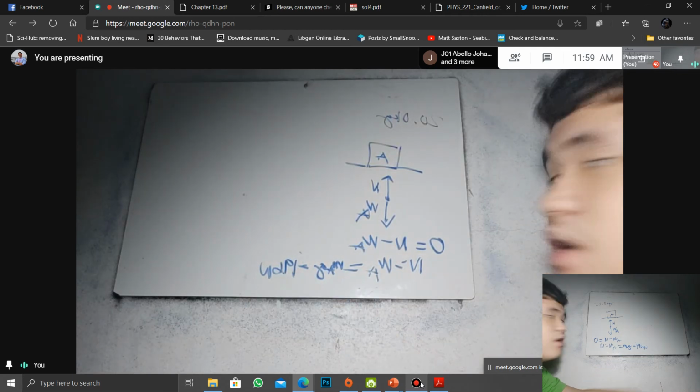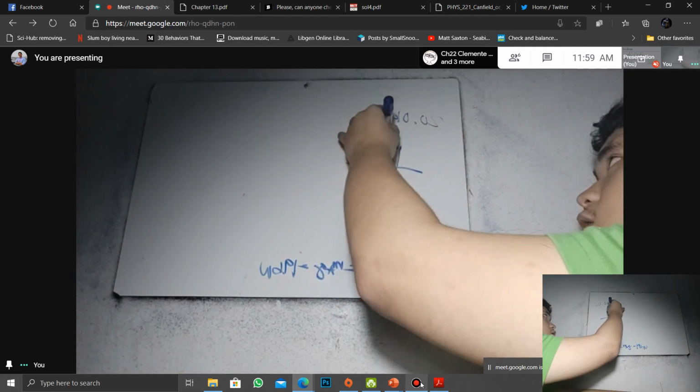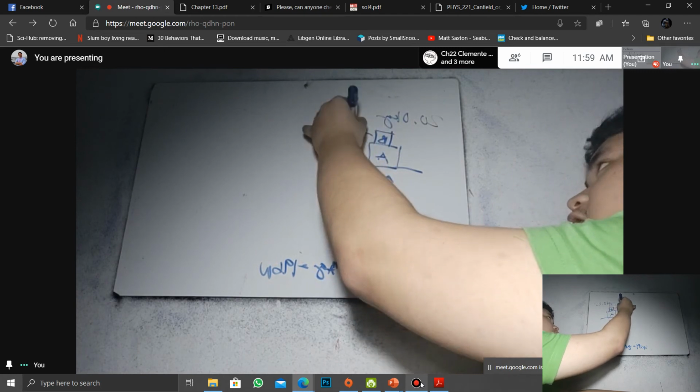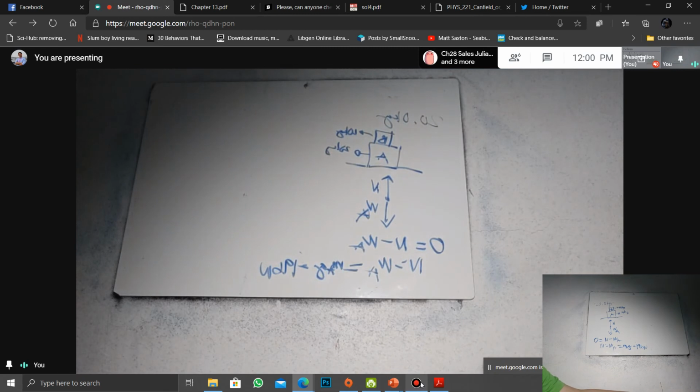Next, for letter B, we put a 10 kg mass box here. This is the 20 kg. Let's examine both, since the questions ask for the normal force that the table exerts on the 20 kilogram box, and the normal force the 20 kilogram box exerts on the 10 kilogram box.